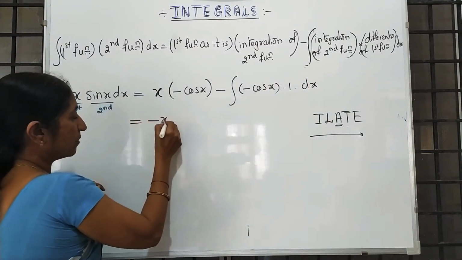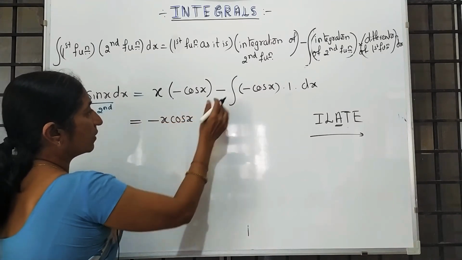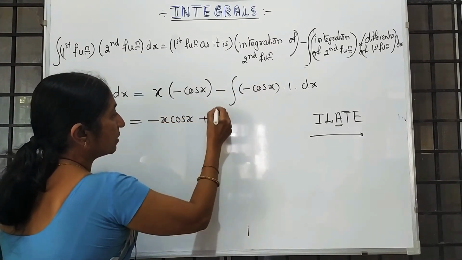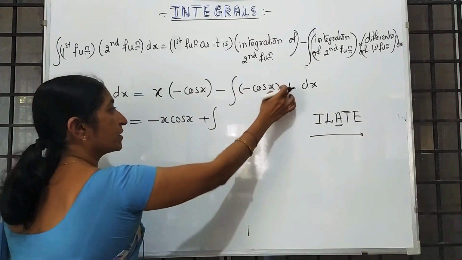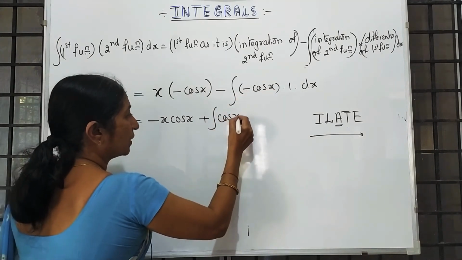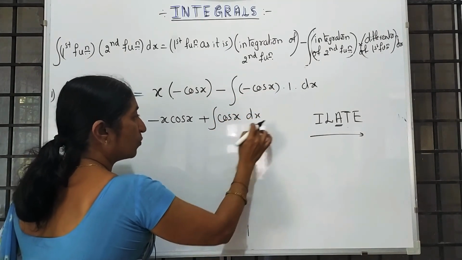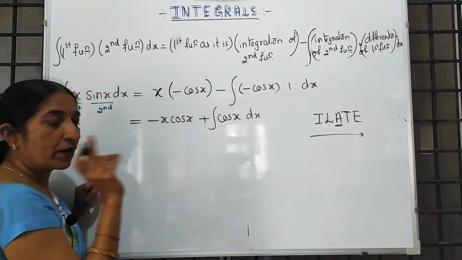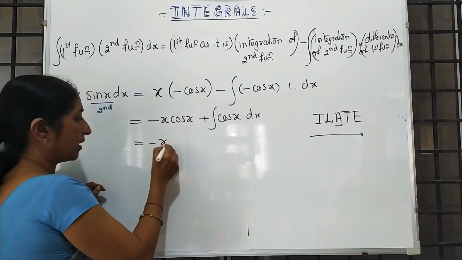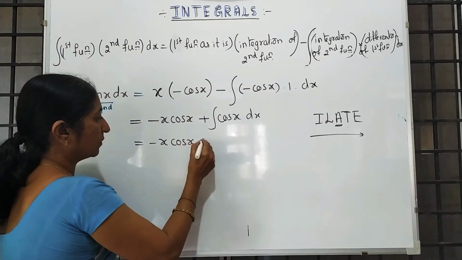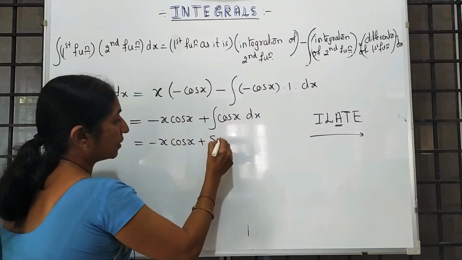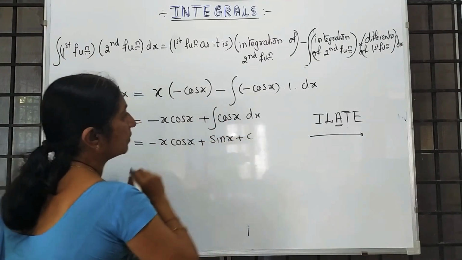Simplify this. It is minus x cos x, minus into minus plus. First, before integration, simplify this. Cos x into dx. See, now this integration contains only one term. It is minus x cos x plus the integration of cos x, which is sin x, plus c.